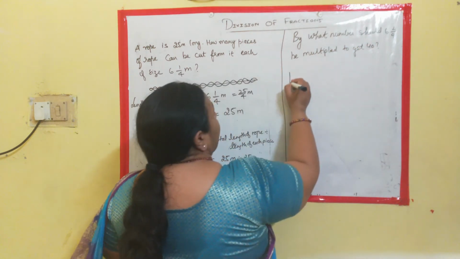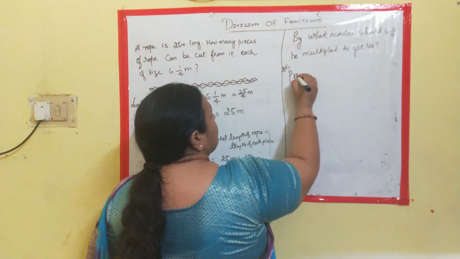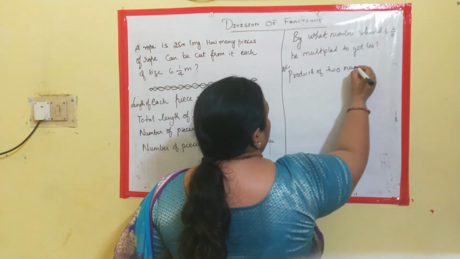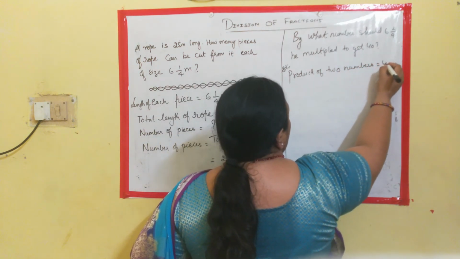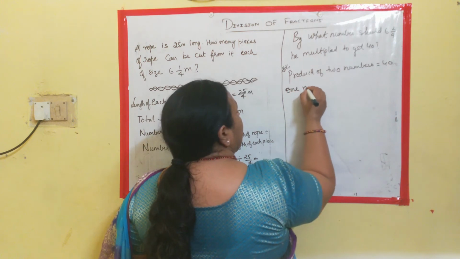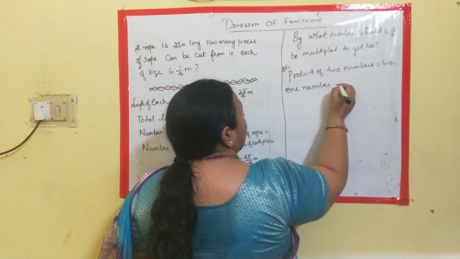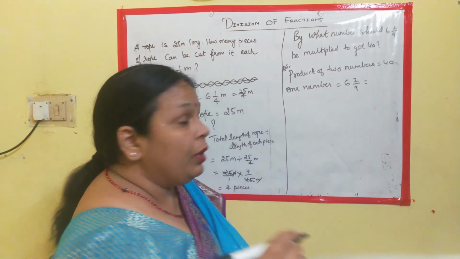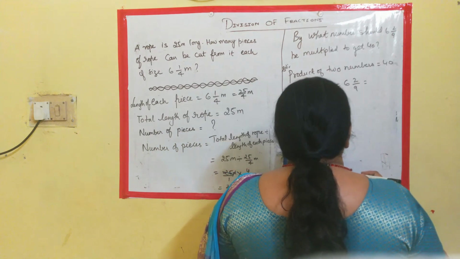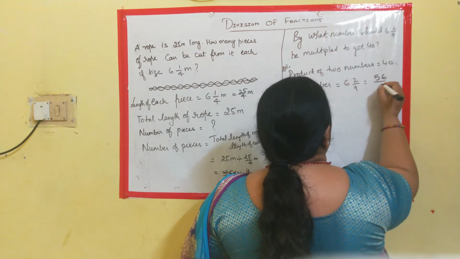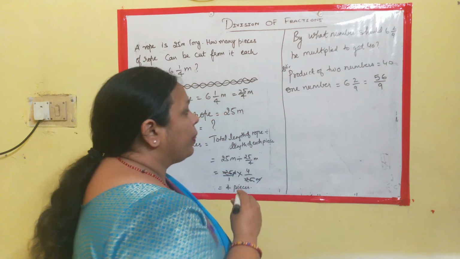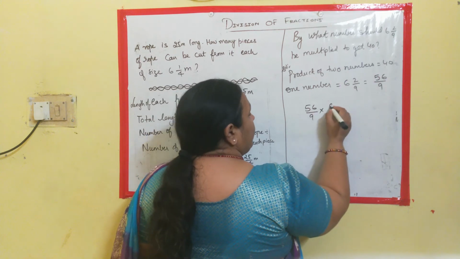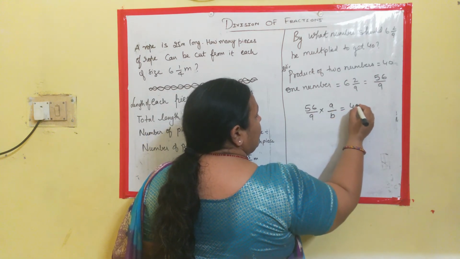That means the product of two numbers is 40. One number is 6 2 by 9. That is, when you convert it into improper fraction, it comes as 56 by 9. So, 56 by 9 into the other number, that is a by b, is equal to 40.